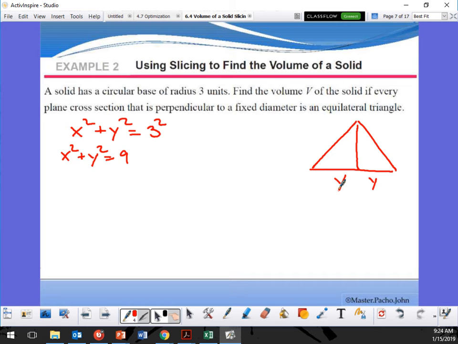So what are the diagonals over here going to be? 2y. It's going to be 2y, right? And this is also 2y. So what type of triangle is this going to end up being?